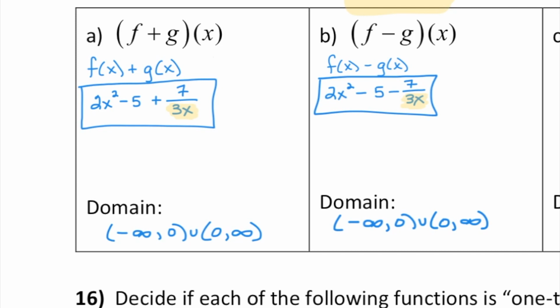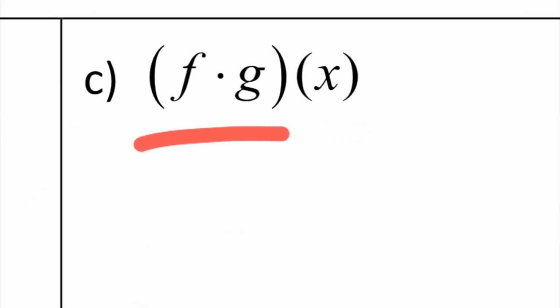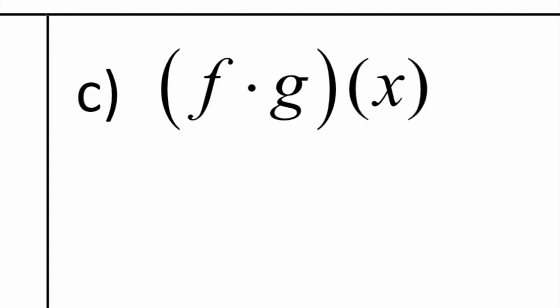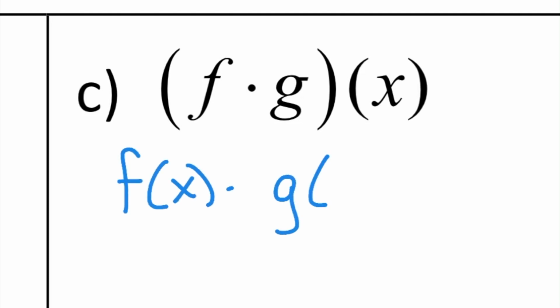Be careful with the multiplying and dividing and the fraction. The 7 over 3x gets a little bit funky here. So with the multiplying, here we are, we're going to do f of x times g of x.